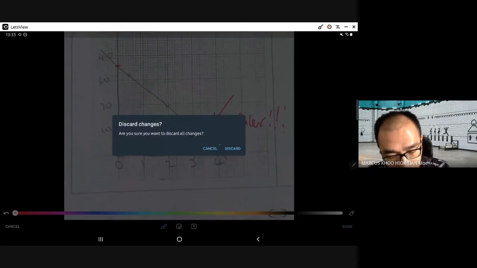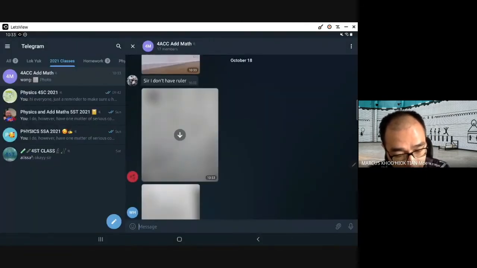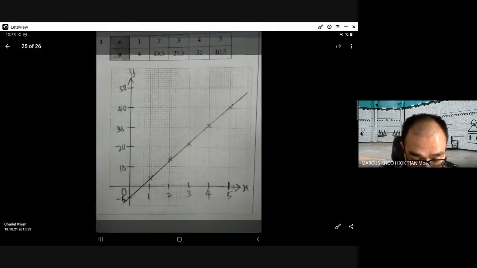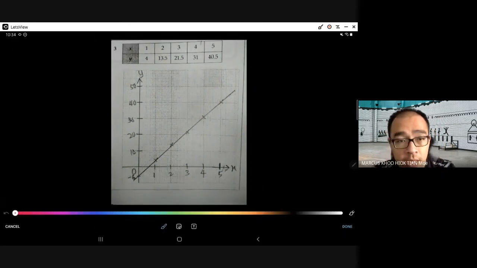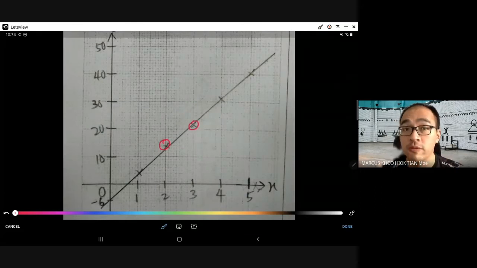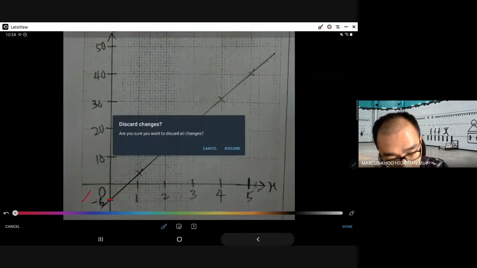Let's see who else. Sir, I don't have a ruler. Please, I have a ruler. Okay, -6. So you see Charlotte's answer, everybody. This one doesn't touch, this one doesn't touch, but it's balanced on both sides, 1 on each side. So I would say this is correct, and the -6 is also correct. Good job.